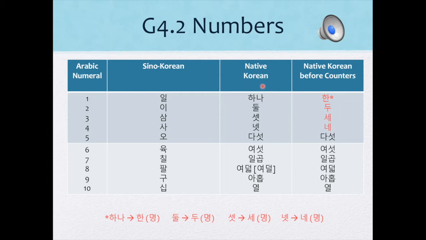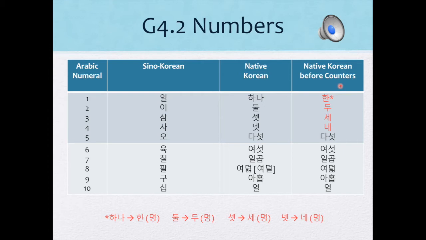And another system is Native Korean. It's pure Korean. And what makes it more complicated is that this Native Korean also has a little bit of variation depending on whether it's followed by a counter. When I say a counter, it's something that makes anything measurable. Of course, you can say 1, 2, 3, 4, and you could be counting anything. But oftentimes there are specific counters, like the counter for people in Korean is 명.